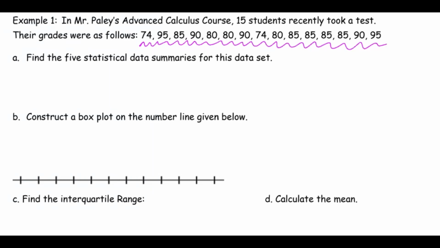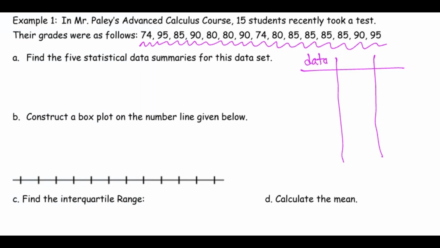We found the mean, the median, the range, the standard deviation, and then we made a relative frequency table to construct a dot plot. And then we did the histogram, we described the distribution. And today we're gonna look at this example again, but this time we are constructing a box plot.